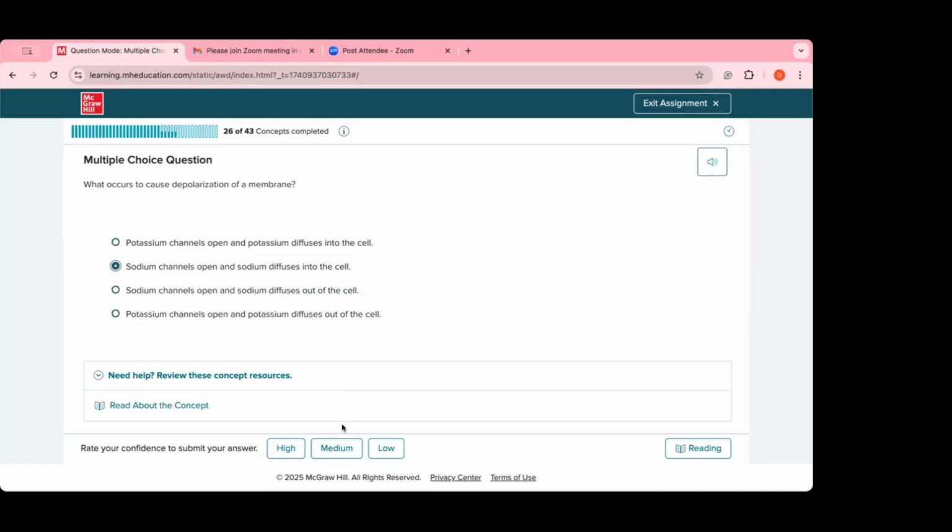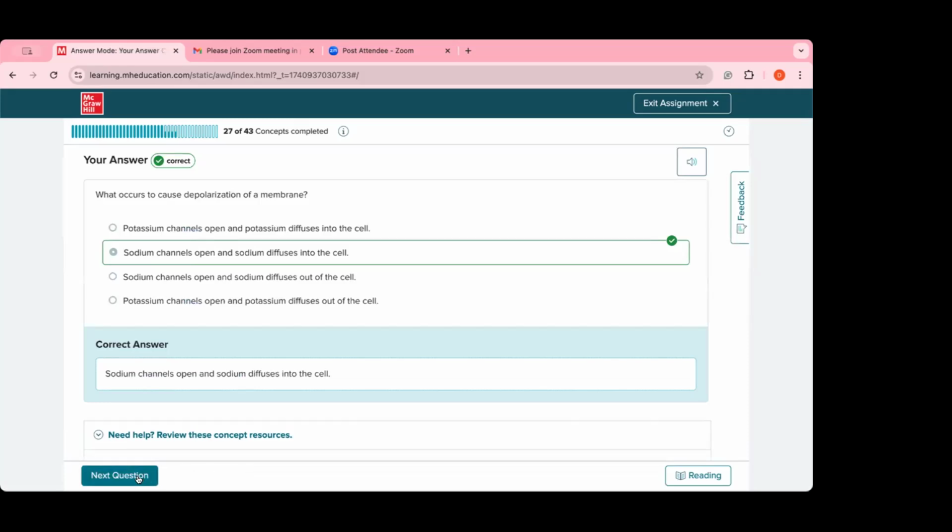So when the positive ions flow into it, it won't be polar anymore. If it flows out, then that's when it becomes polarized. Okay. But this is depolarized. This is when it doesn't have a charge. Okay, let's look at what the next question says.